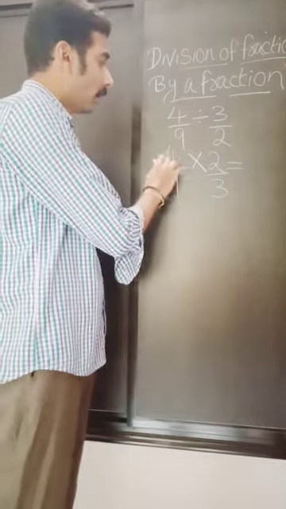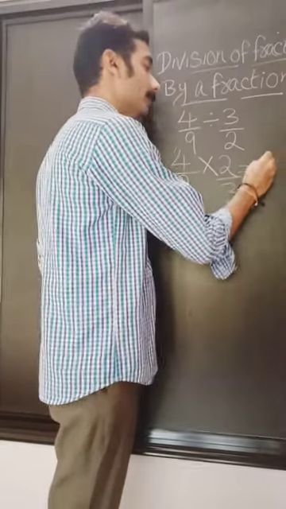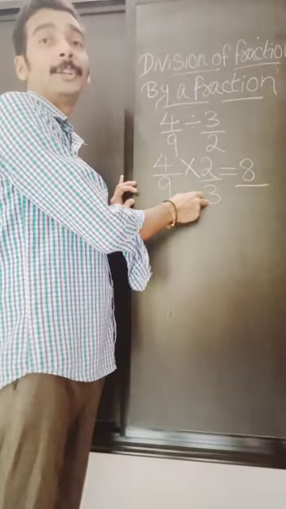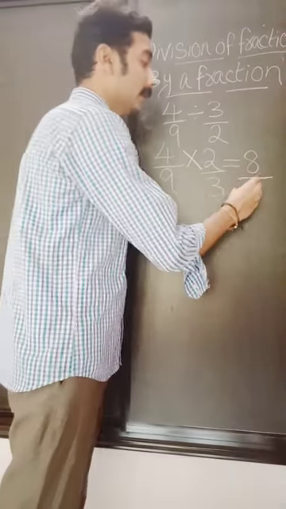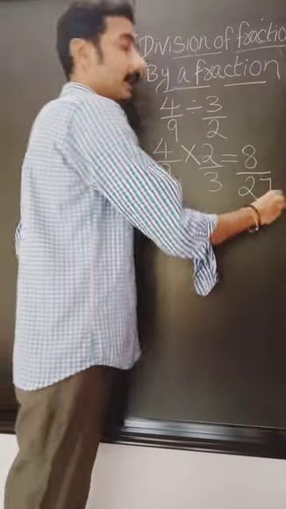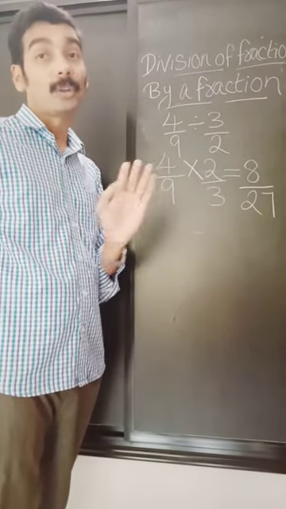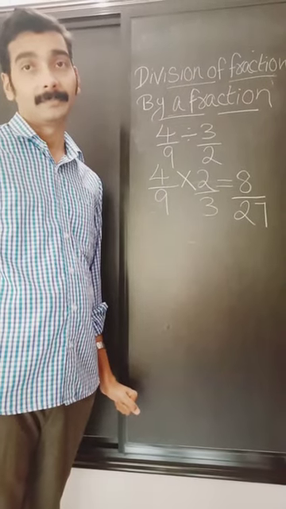That is 4 into 2, 8 by 9 into 3. That means 9 into 3 is 27. The result is 8 by 27. Clear? Okay.